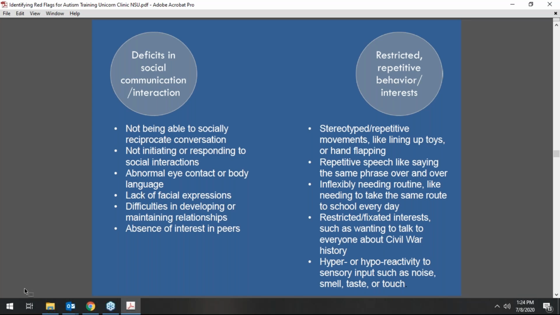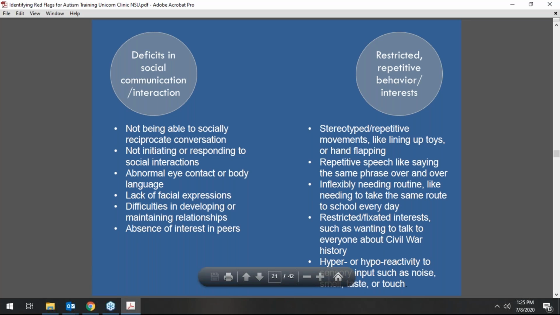And you'll see that conversations with them feel very one-sided, where you're asking them questions and they're very brief, responding yes or no, but they're not really asking about you and your thoughts, your opinions, or what you've done. What we also see in terms of social reciprocation is sometimes they can reciprocate, but only when it's about things that they enjoy. And I'll get to that on the next slide.